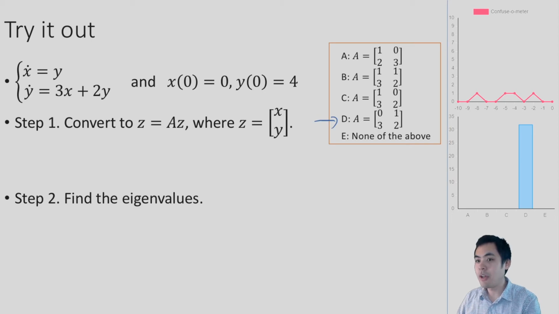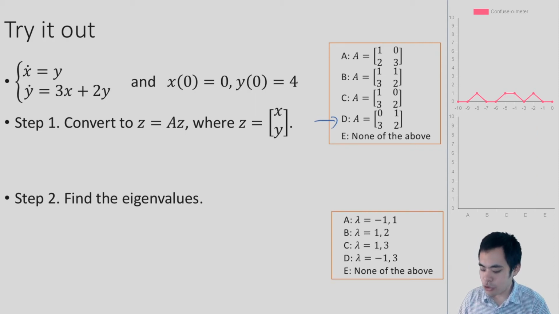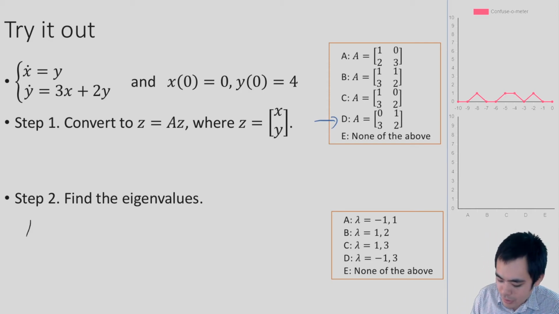The next thing that we do is find the eigenvalues. Which of these are the eigenvalues of that matrix? Note that our matrix A is equal to [0, 1; 3, 2].